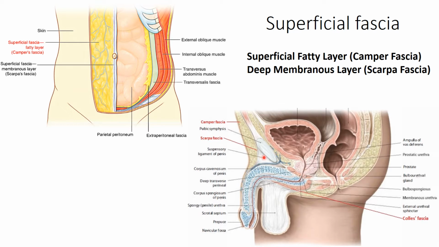Now below the perineum, it enters the wall of the scrotum, and from there it passes to be attached to either side of the margin of the pubic arch, and it is here referred to as Colles fascia. Now this is the Colles fascia, and posteriorly it fuses with the perineal body and the posterior margin of the perineal membrane. Now the deep fascia is not well developed here, so it is unapparent.